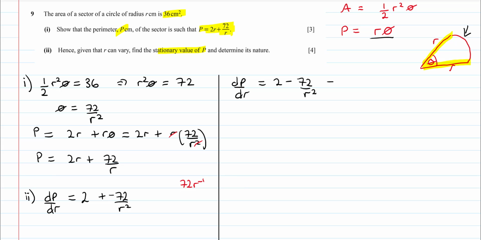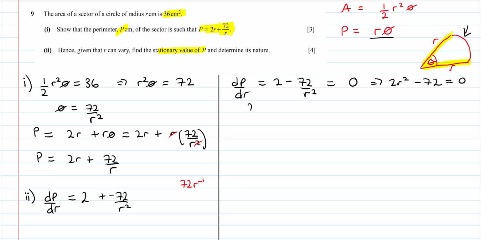And we need to set that equal to 0 to find our stationary points, and then we can solve this for r now. So multiplying through by r squared, we're going to get 2r squared minus 72 is equal to 0.